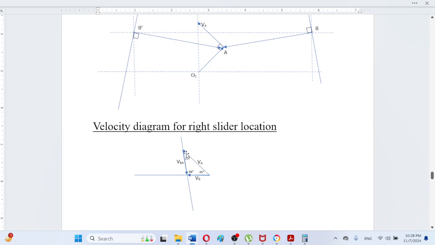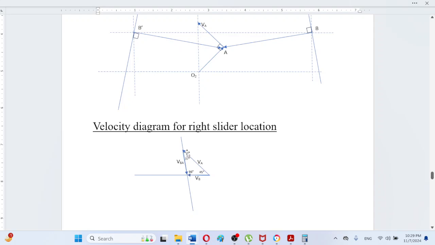After that we draw VBA, because its orientation is known, so we simply move this line at the same angle that can be measured from this diagram, and the slider is restricted to move horizontally. So this is the slider line, here will be the intersection, and after that we insert these arrow vectors.